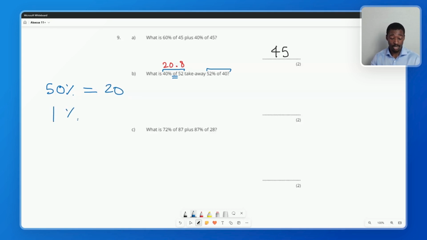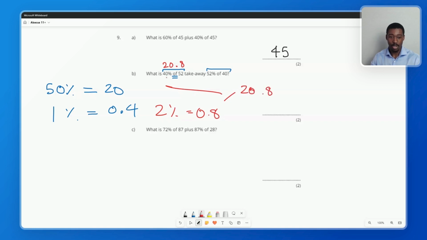We also know pretty quickly what 1% of any number is. Simply divide it by 100. So 40 divided by 100 is 0.4. So that means we know what 2% is. Just double 1%, 0.8. So 52% is simply going to be 50% plus 2%, which equals 20.8.